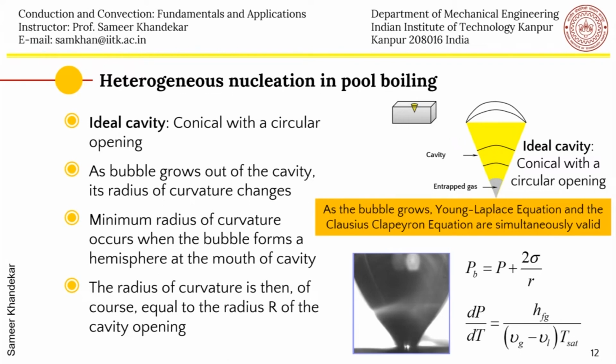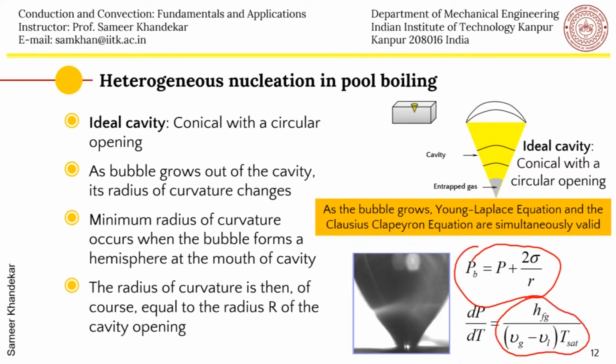I will not derive this, but you will recall from your thermodynamics that dP/dT, the rate of change of saturation pressure with temperature, is given by h_fg divided by (v_g minus v_L) into T_sat.